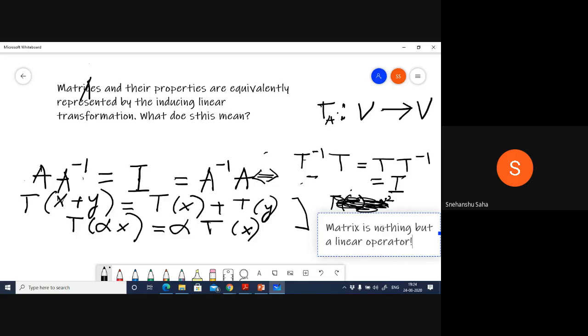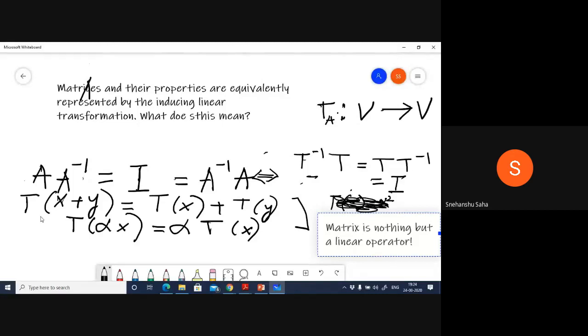So these two properties are satisfied for any matrix. And that's the reason linear transformations are defined in such a way that you can directly map a matrix corresponding to a linear transformation. Is this clear? This definition did not come from the moon. The linear transformation is defined specifically so that it suits the purpose of constructing matrices.